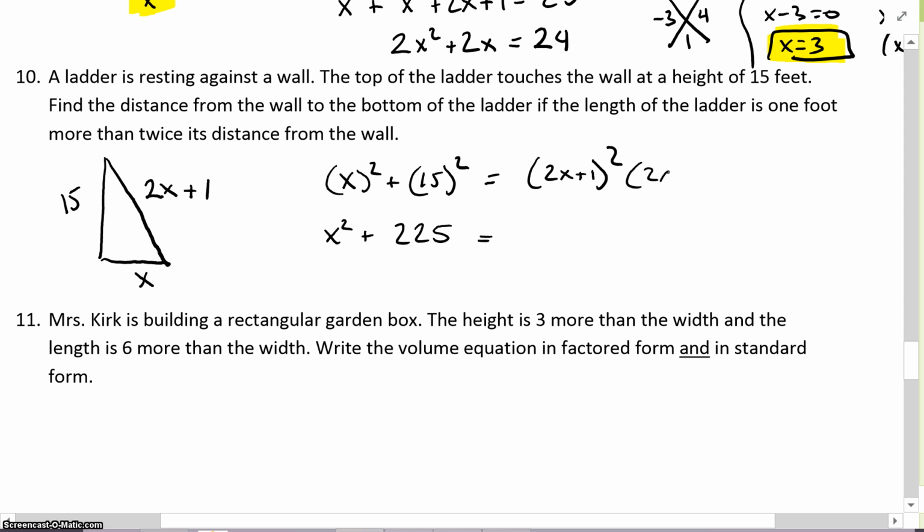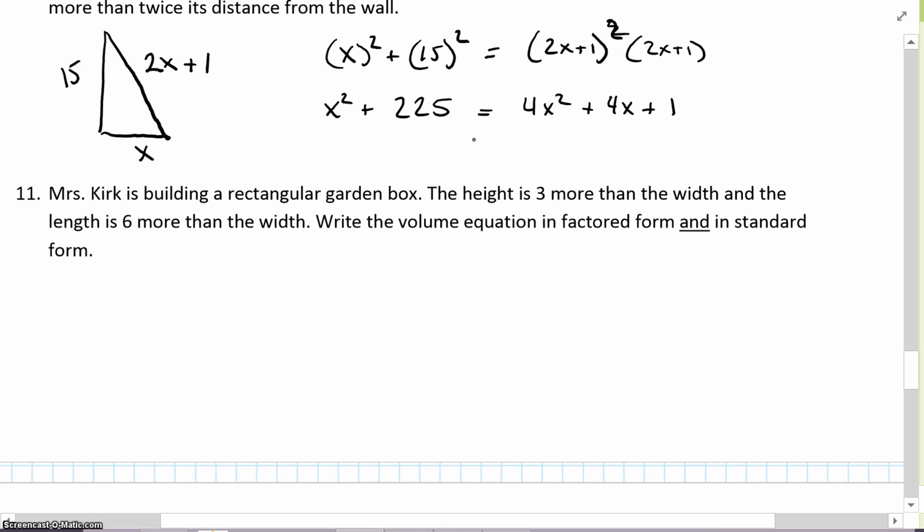So it'd be just like saying 2x plus 1 times itself. So 2x times 2x is 4x squared, plus 4x plus 1. So get everything to one side of the equation. Let's set this thing equal to 0. So we're going to have 3x squared plus 4x minus 224.